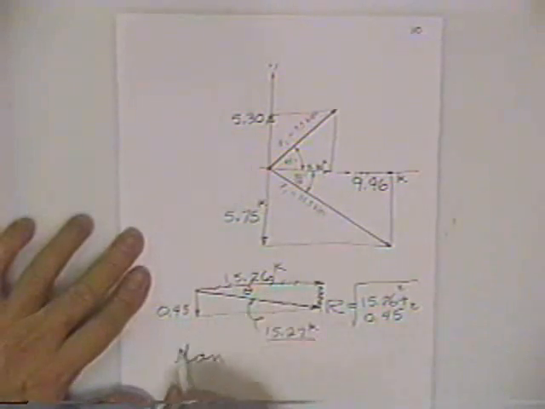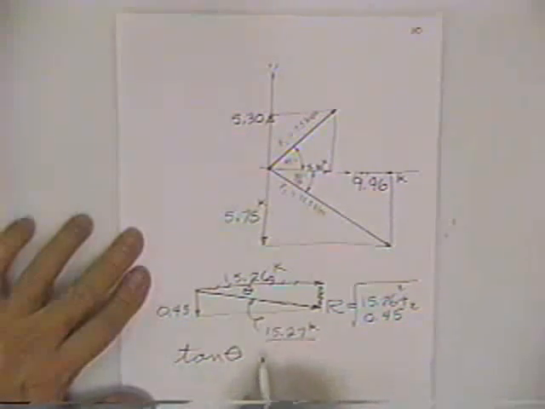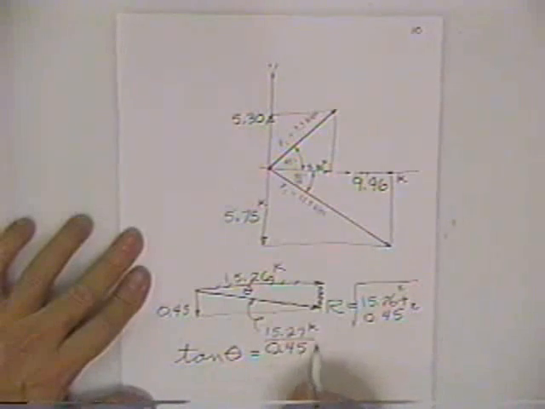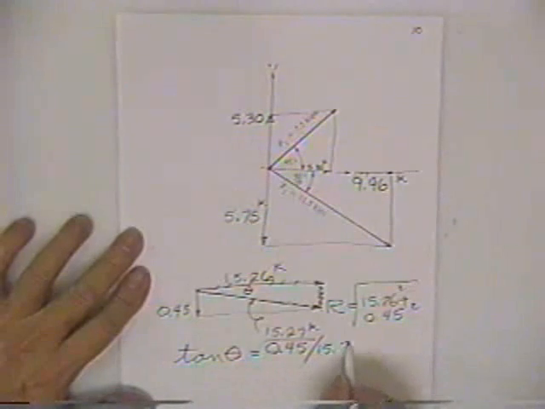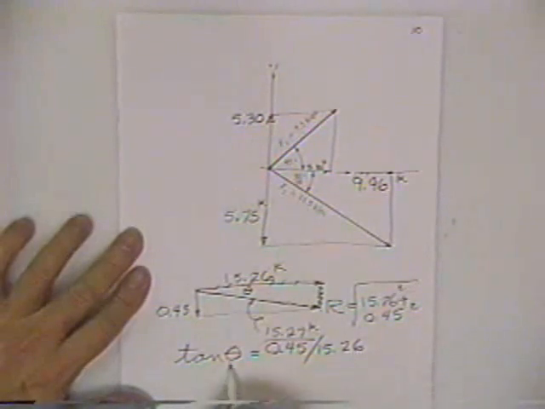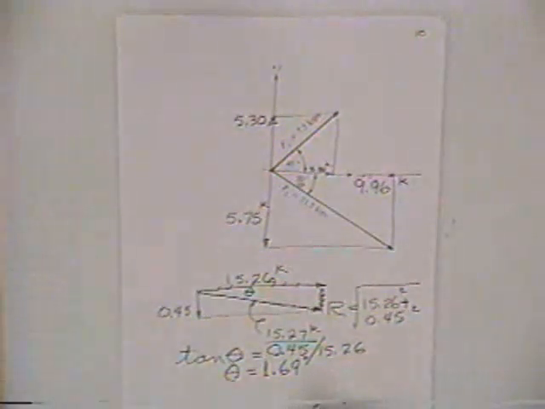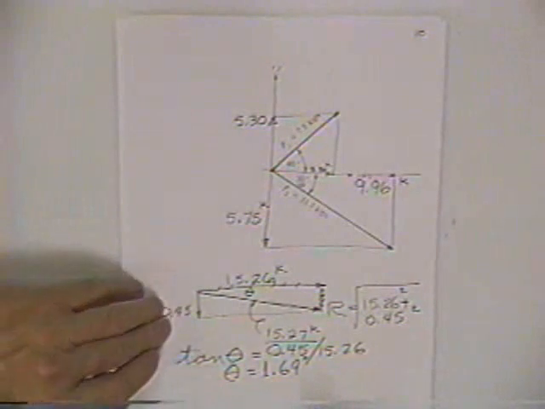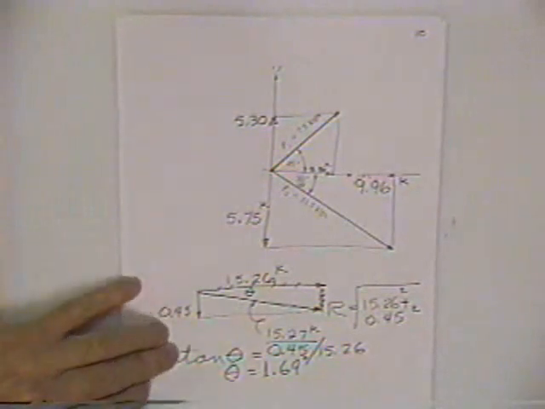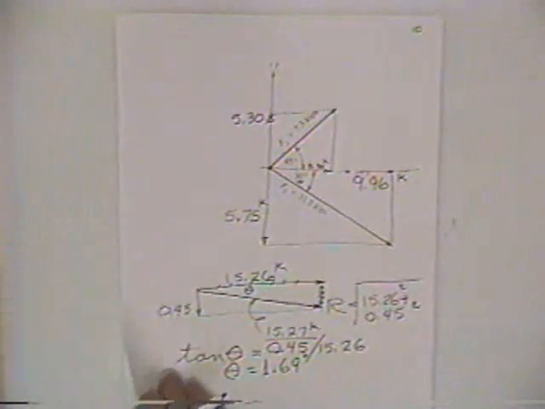So the tangent of theta would be 0.45 divided by 15.26, and if you hit arctan on your calculator, you find that angle to be 1.69 degrees. So that's how you would take a force and resolve it in a pair of forces or many forces and resolve them into a single resulting force.